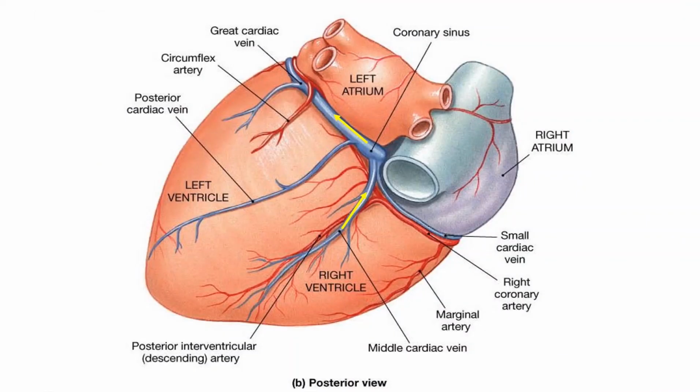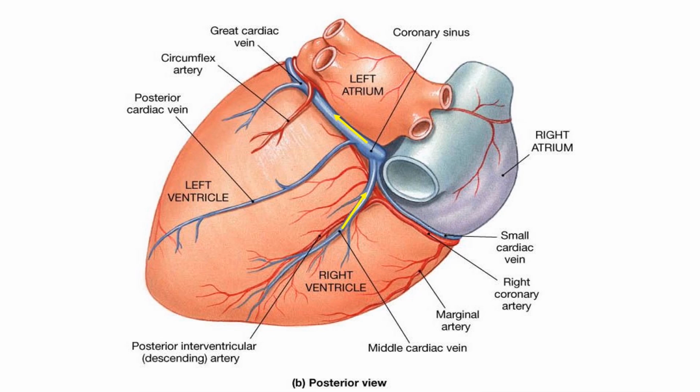You know, this view of the heart is the inferior surface of the heart, and if you look for the left atrium, this is the posterior surface of the heart, and you can see that the prominent vessels in this figure are the veins.